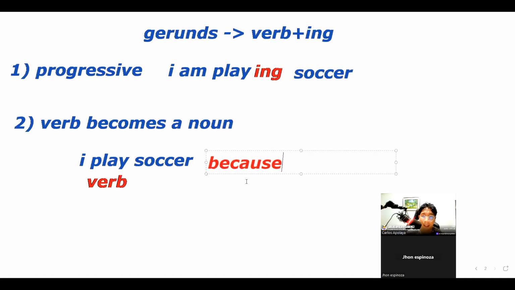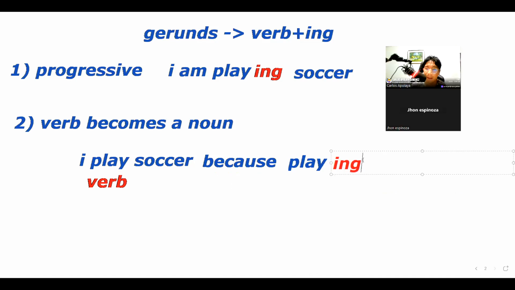I play soccer because playing is good for me. In this case you have the word play, but now you need to add -ing because playing is good for me.